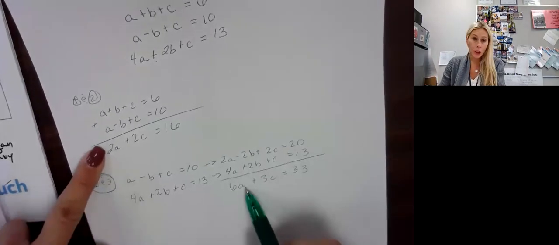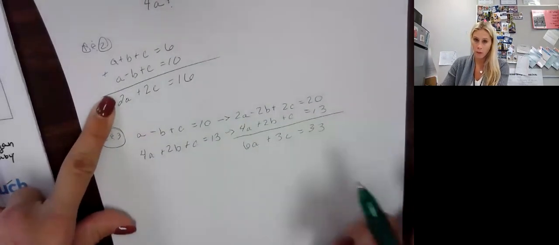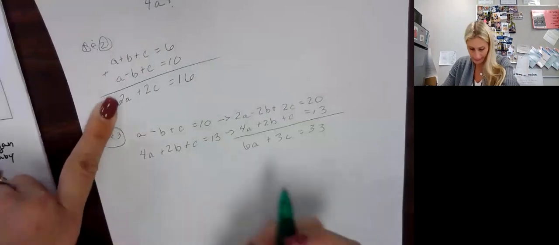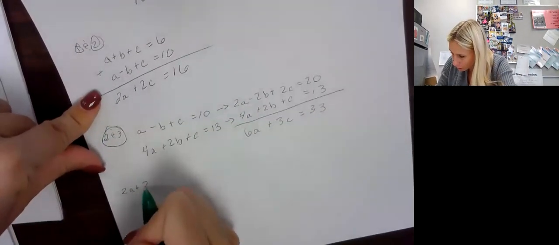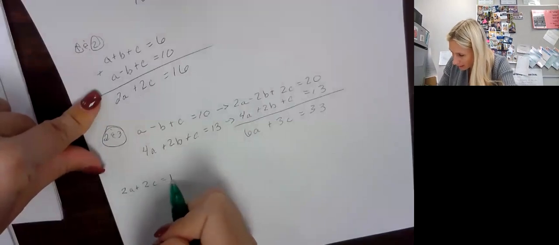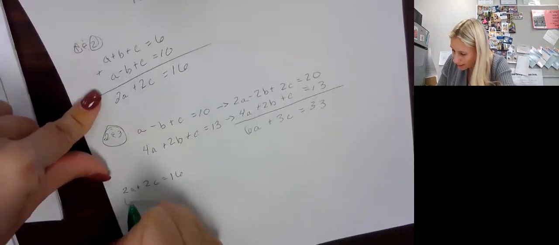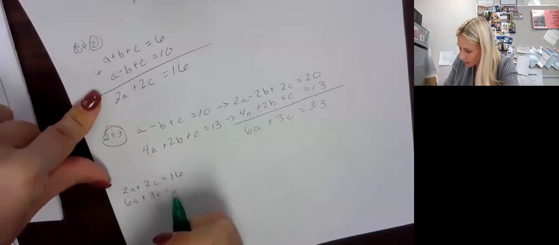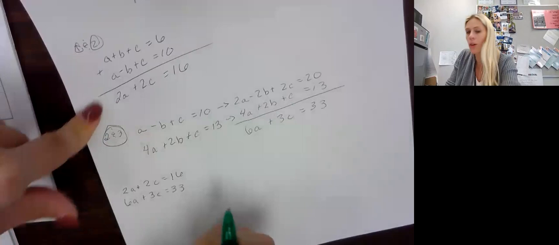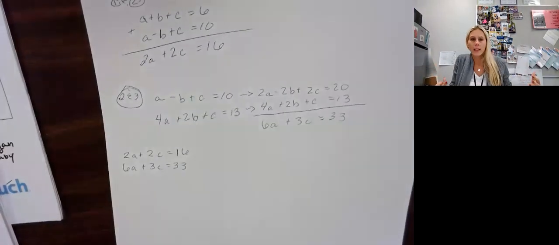Now I'm able to use these two to help me solve for A or C. So I'm looking at 2A plus 2C equals 16. I'm looking at 6A plus 3C equals 33. Now, if you look at this, guys, now we're going to analyze which variable we can get rid of the easiest.